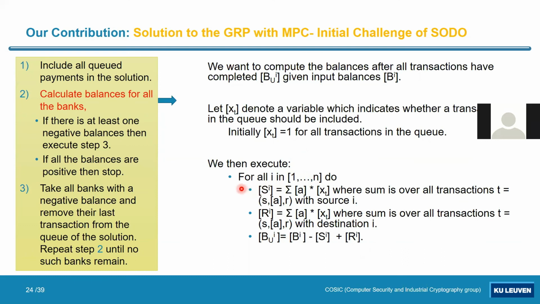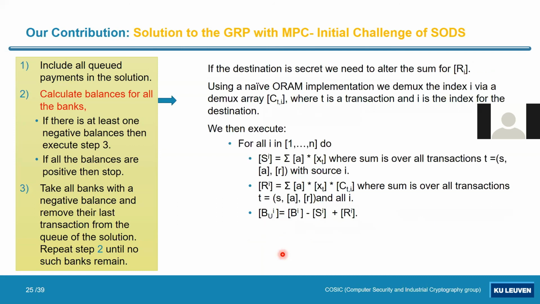This S_i is the money which bank i sent to the other banks, and R_i shows the liquidity, the money that bank i receives from the other banks. With this equation, if we subtract the sending money from the initial balance and add the receiving money, then we can obtain the new balance for bank i.